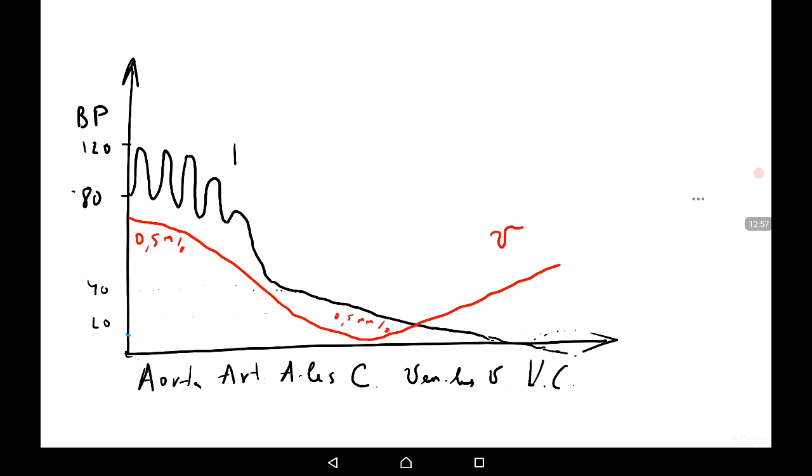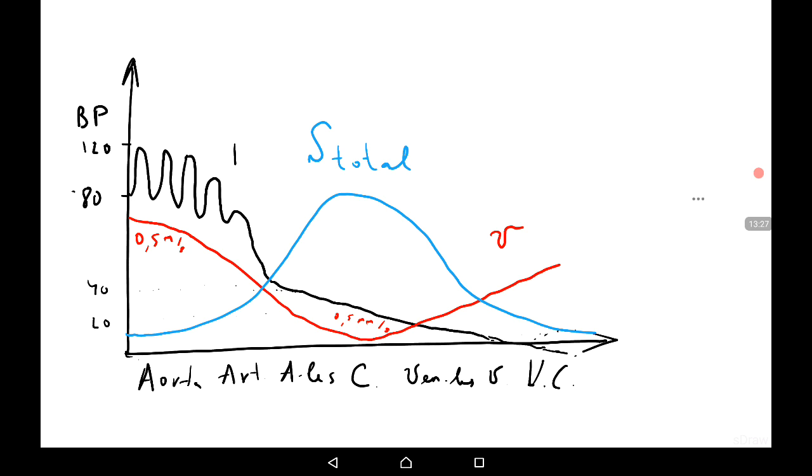So this graph will look like that. So this is the surface of the total cross-section. What does it mean? It means that the cross-section of all capillaries will be much higher than the total cross-section of aorta and vena cavas.